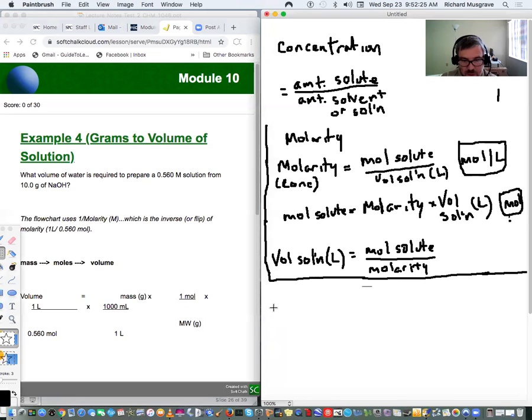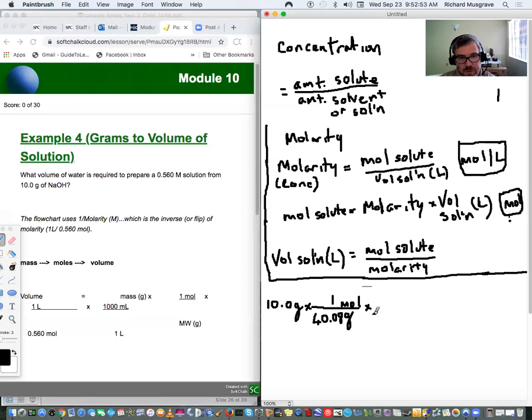So I'm going to start out with the 10.0 grams here. And now I'm going to try and get to moles. So moles will be on top, and grams will be on the bottom. So 1 mole, 40.08 grams.